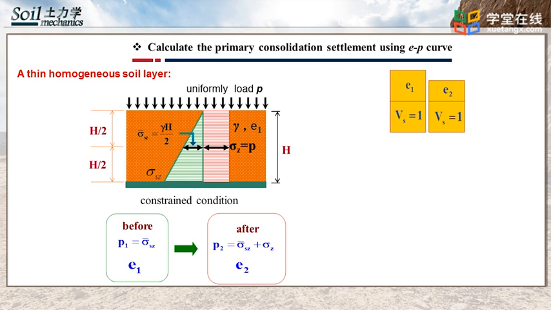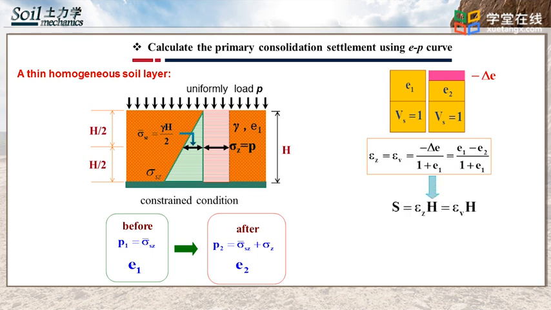The stress increase makes the primary consolidation settlement S, so the change in the volume of soil is equal to the change in void ratio, which can be given by delta e. We can calculate the volumetric strain epsilon_v from the change in void ratio. For one-dimensional consolidation, the vertical strain epsilon_v is equal to the volumetric strain epsilon_v.